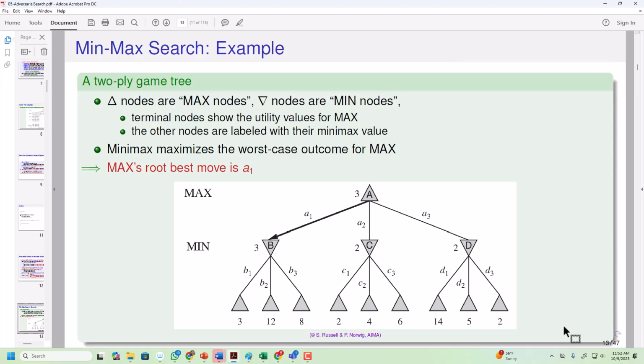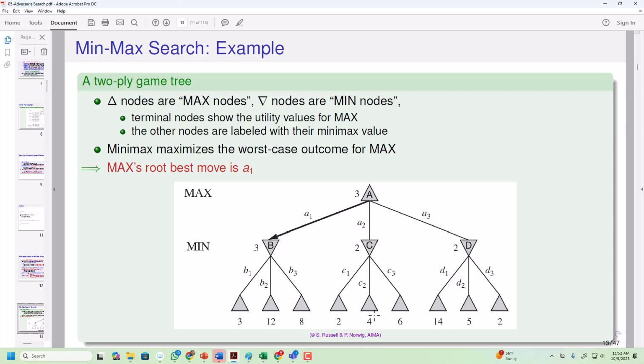Now here, Max can choose among moves A1, A2, and A3. For each move, Min responds with B1, B2, and B3. And the game ends. The utility values at the leaves range from 2 to 14. 2 is the minimum, 14 is the maximum.